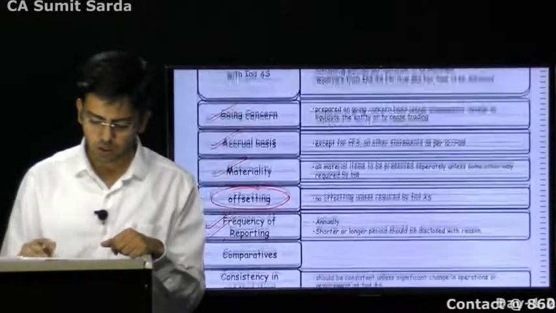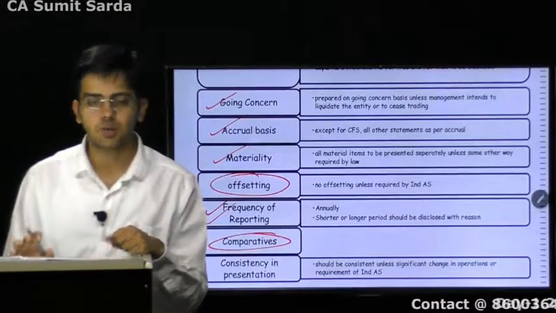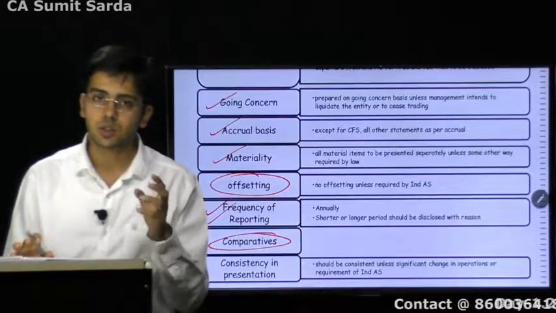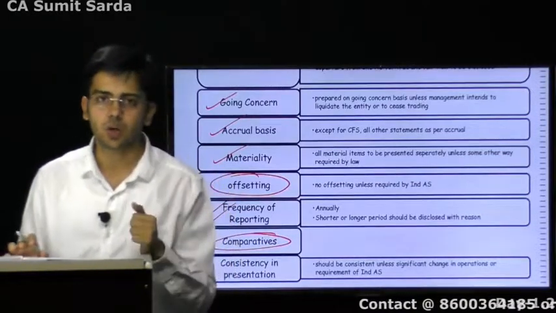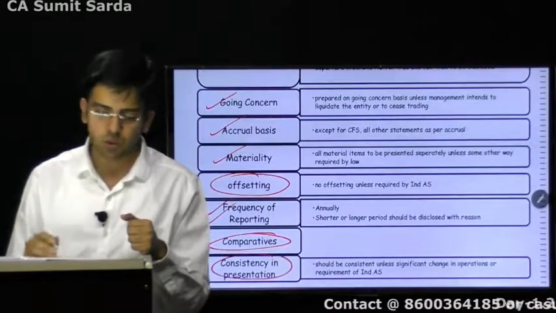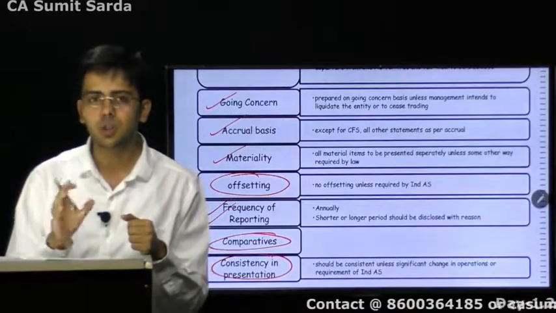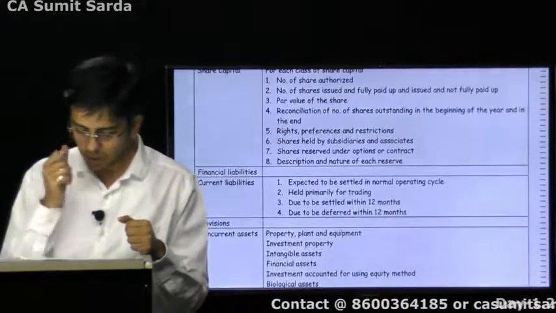Not to be discussed over here. Comparatives are necessary compulsorily to be given under Ind AS, given in Ind AS 1 only. AS doesn't talk about comparative, rather different accounting standard says whether comparatives are required to be given or not. And consistency of presentation is not a fundamental accounting assumption, is the difference that I am saying. Okay, so other concepts are the same.